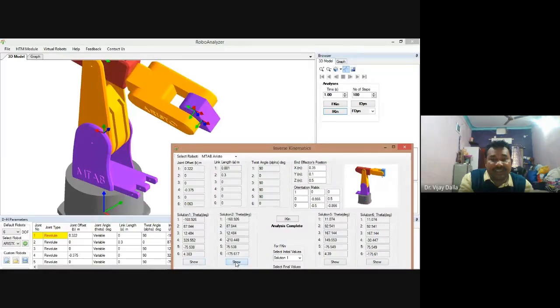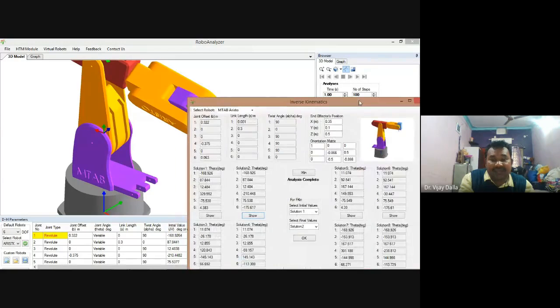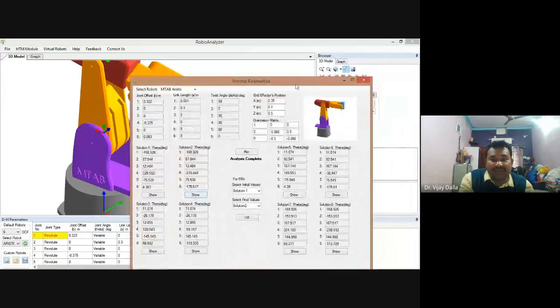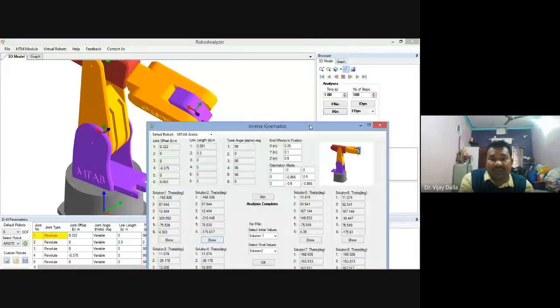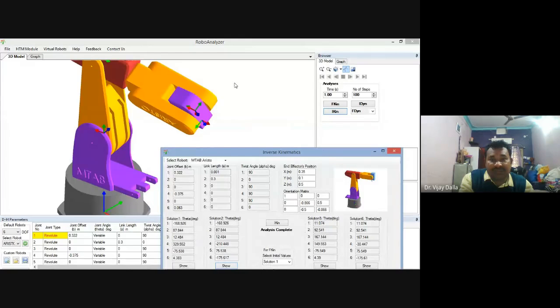It got changed a little bit, but the end effector position and the orientation will be the same for all solutions, for all possibilities.